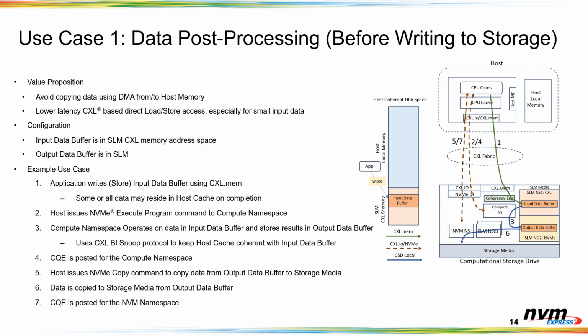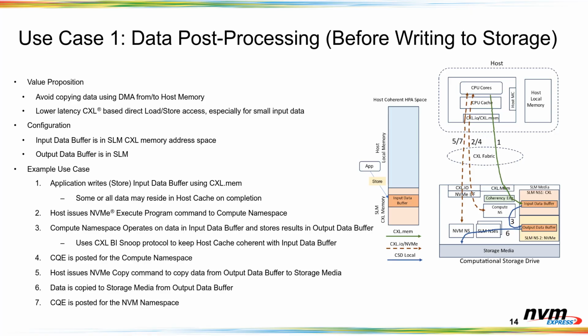Because we are CXL aware in this example, the device is going to use a CXL back invalidate snoop to keep the host cache coherent with the input data buffer. So essentially it's going to say you need to evict everything out of your cache so that it ends up over in namespace 1 in our input data buffer. And once it's in that input data buffer, now the compute operation can operate on the data in its entirety.